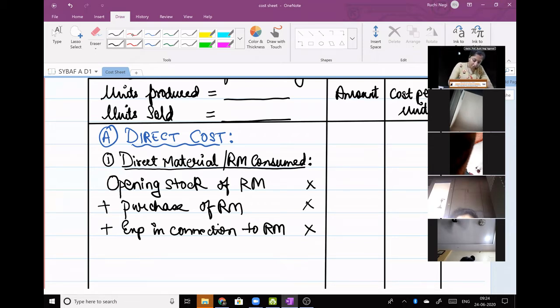Now I'm mentioning what you mean by in connection to raw material. That means for getting your raw material till your factory premises, whatever expenses you have incurred will be added to the cost of raw material.